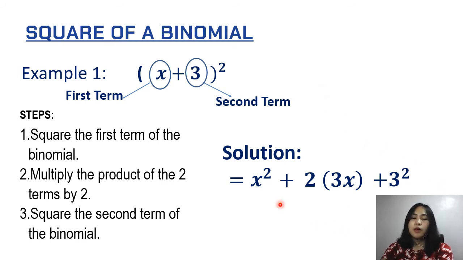So in simplifying this one, we have x squared plus 6x plus 9. Bakit naging 9? Because 3 squared, it means 3 times 3. So, kaya siya naging 9. So, as you can see, easier lang siya if you will use these 3 steps.